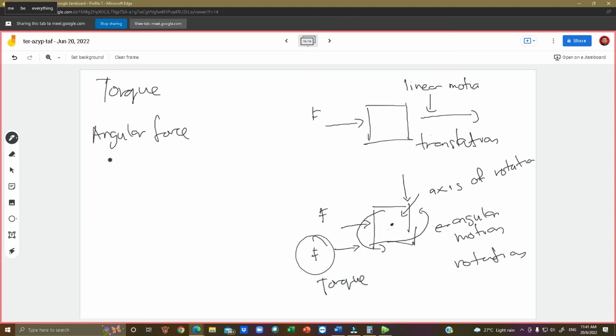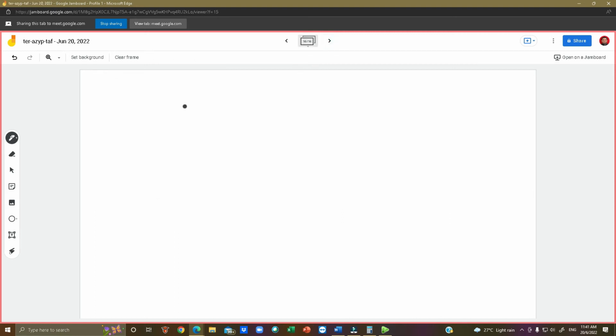Tapi bila kita tengok torque, T ni, it is a derivation of force kali dengan distance. Okay, this is known as distance. Ataupun, it is also known as radius. Okay, so apa dia? Right, this is what the distance talks about. Okay, kita ada object. This object rotates because it was inflicted with a force.